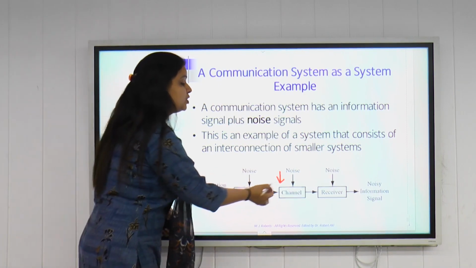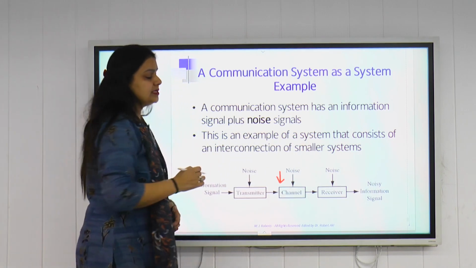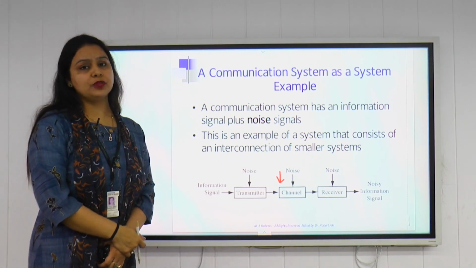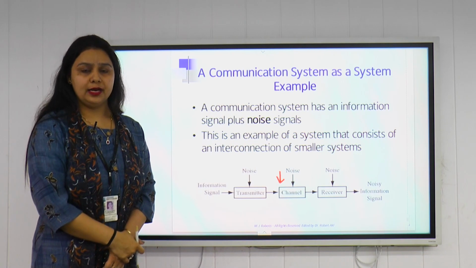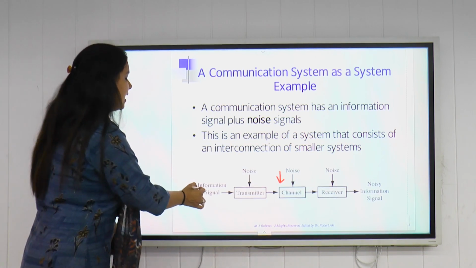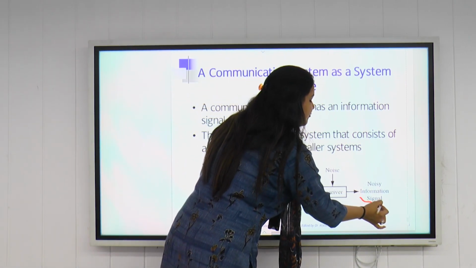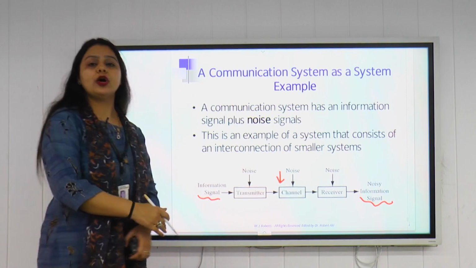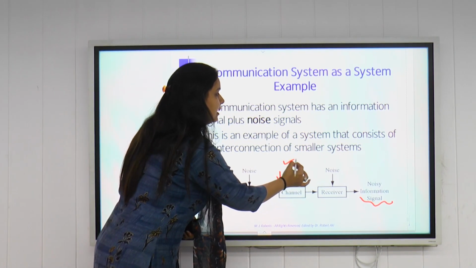Obviously the transmitter and the receiver sections also include a part of the noise, but mainly the noise comes from the channel. We can say that not all systems are ideal. Whenever we send any information signal, at the output we get some noisy information signal, and that noise is mainly introduced by the channel.